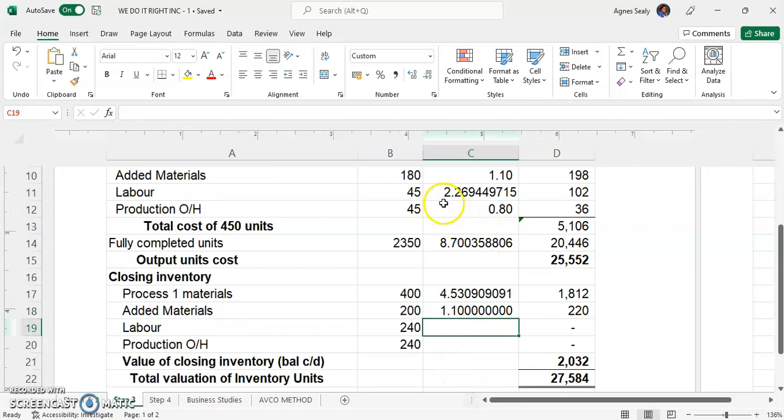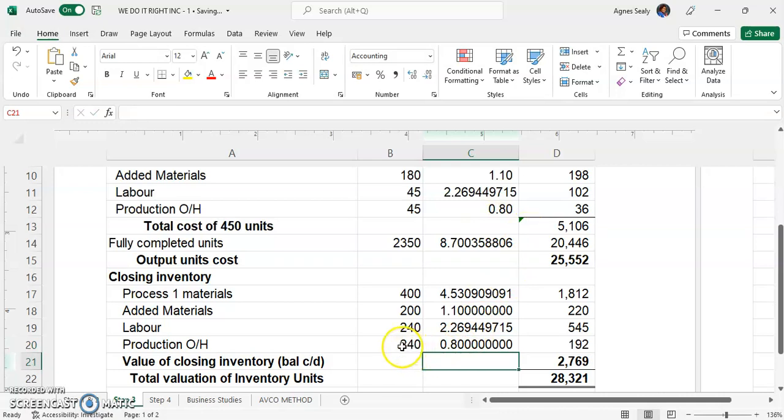Our labor is 2.269449715 cost per equivalent unit, and when we multiply the 240 by that number, we get the value of labor in our closing inventory units, which is $545. And our production overhead, the cost per equivalent unit is 80 cents.